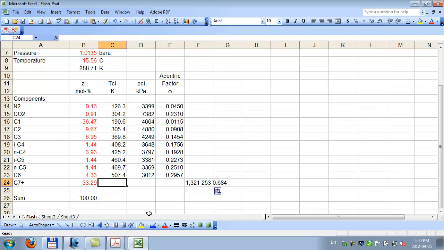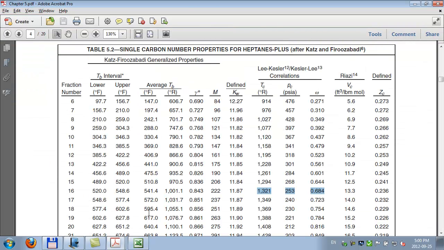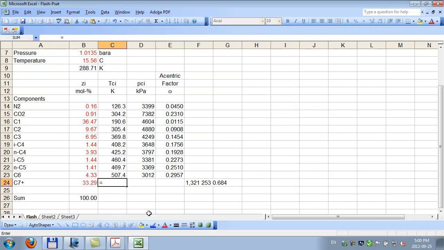So TC is the first one: 1321, and to convert to Kelvin, divide by 1.8. A little too few digits.